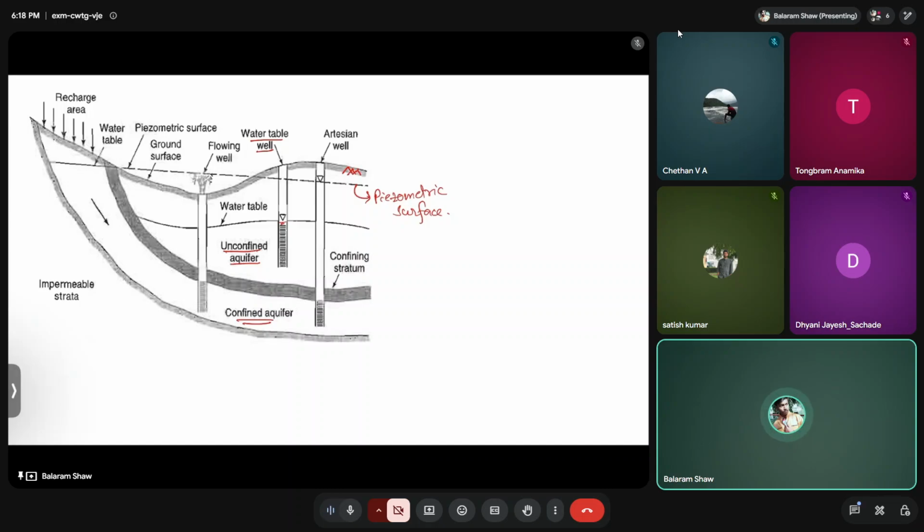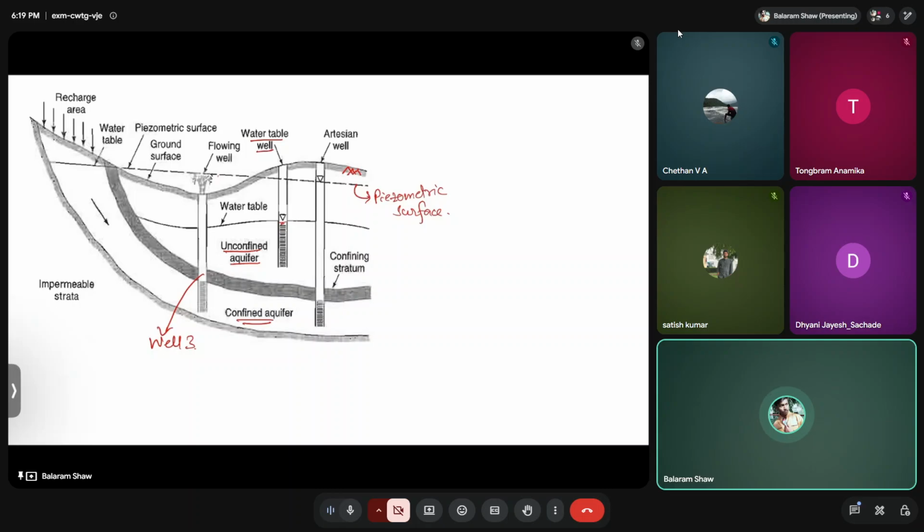However, let's say we call this well 3. If the piezometric surface is above the ground surface, then what is happening? There is flow of water happening directly due to the pressure from the confined aquifer.